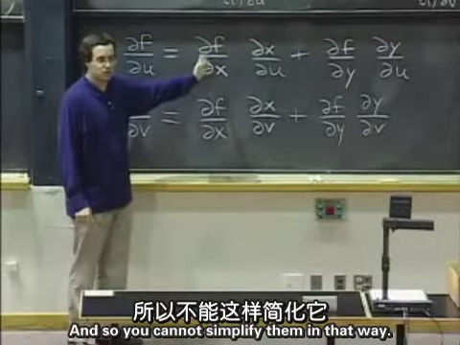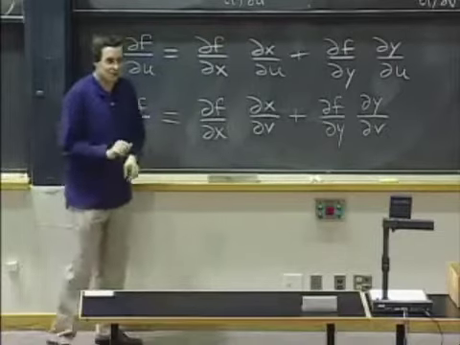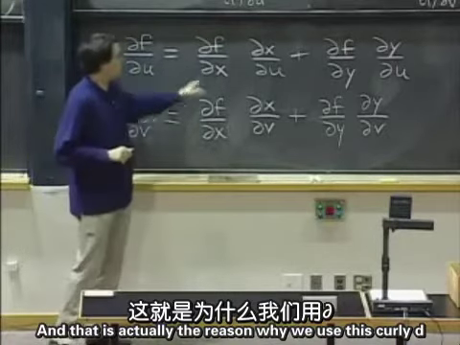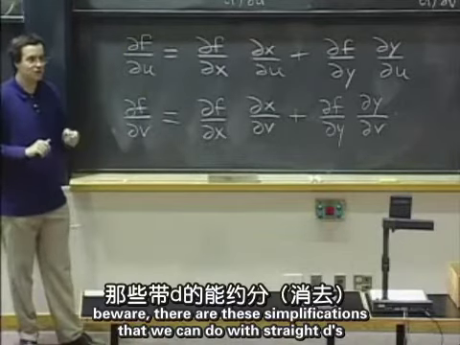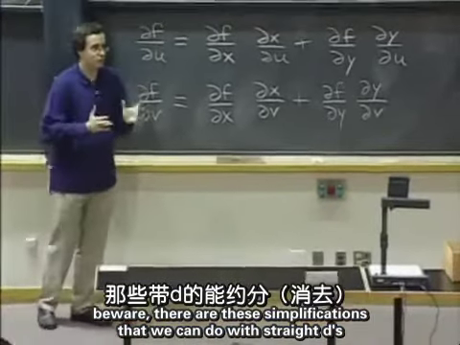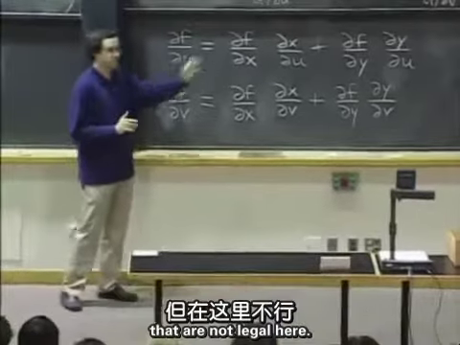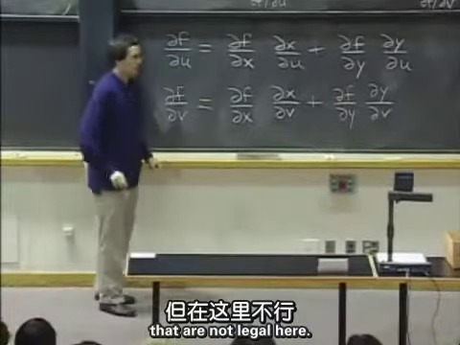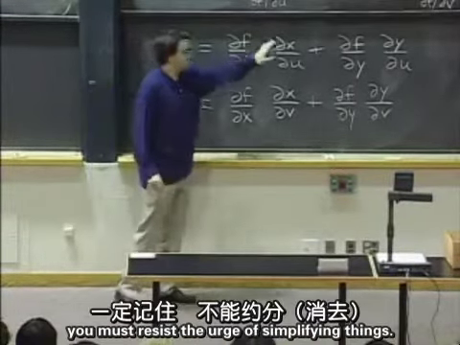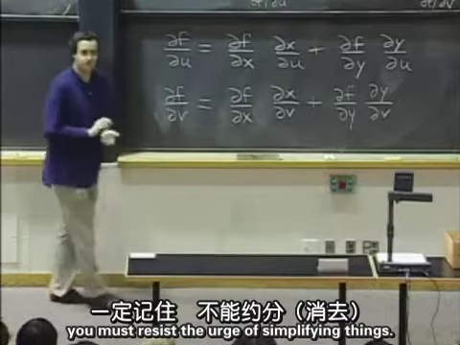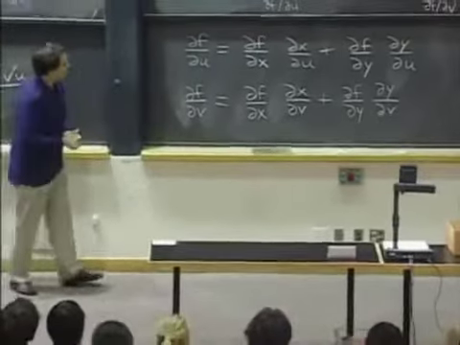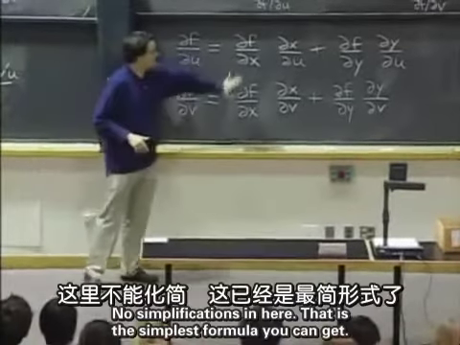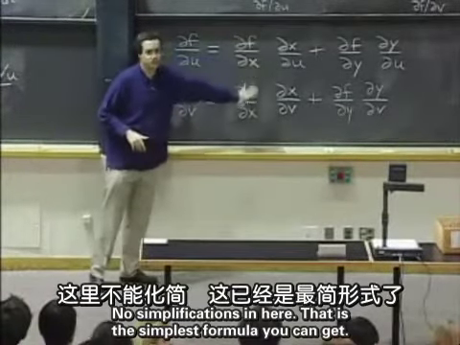And so you cannot simplify them in that way. And that's actually the reason why we use this curly d rather than a straight d. It's to remind us, beware, there are simplifications that we can do with straight d's that are not legal here. So when you have a partial derivative, you must resist the urge of simplifying things. So no simplifications in here. That's the simplest formula you can get.